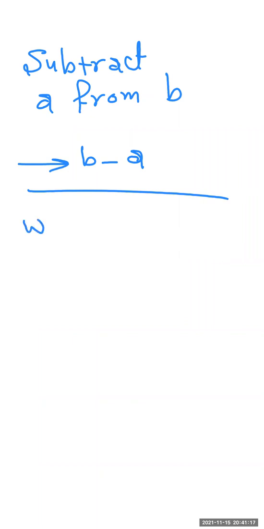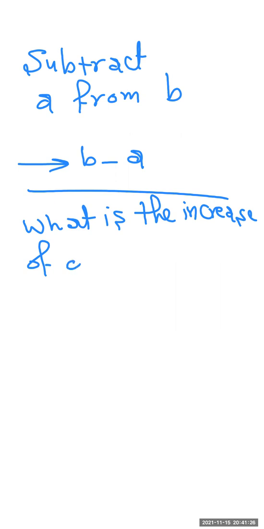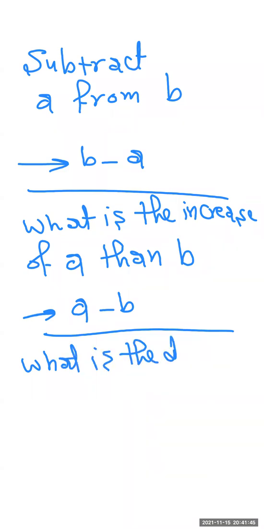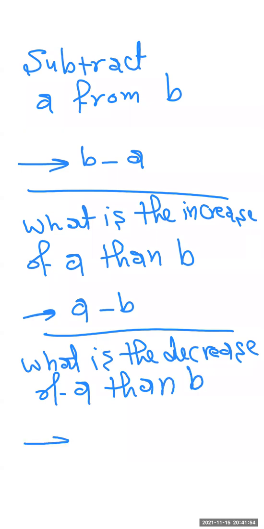If the question is what is the increase of A than B, this means it's A minus B. But if the question is what is the decrease of A than B, this means it will be B minus A.